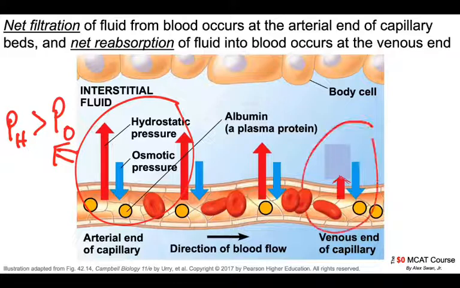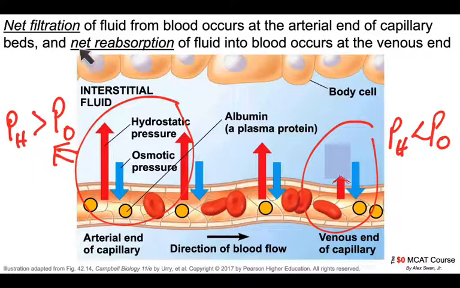However, at the venous end, P sub H is less than P sub O. So the blood is not going to be pushing as hard against this capillary wall as the interstitial fluid is pushing against this capillary wall. So we're going to have some of the interstitial fluid reabsorbed into the blood at the venous end of the capillary.